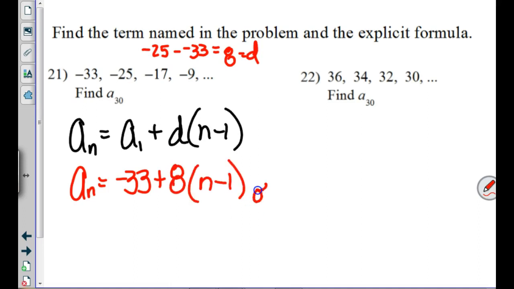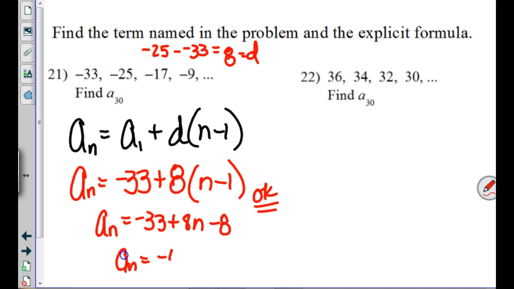I'm okay if you leave it like that on a quiz. If you look at the answer key, it's probably going to do this, which would simplify down to negative 41. Did I add that right, guys? So this is a simplified form, but I'm okay with either one of those.